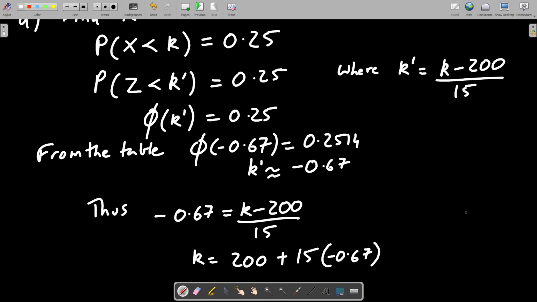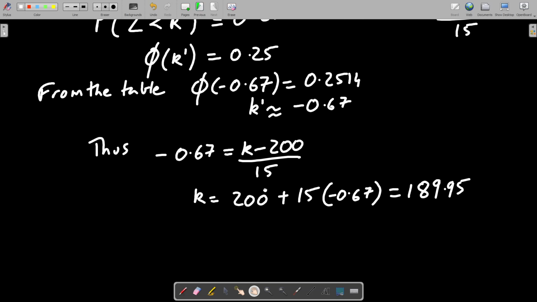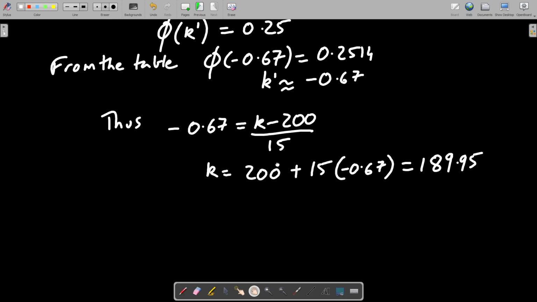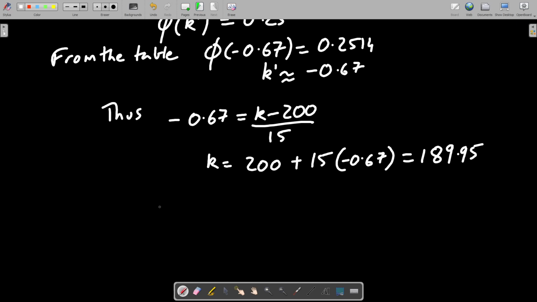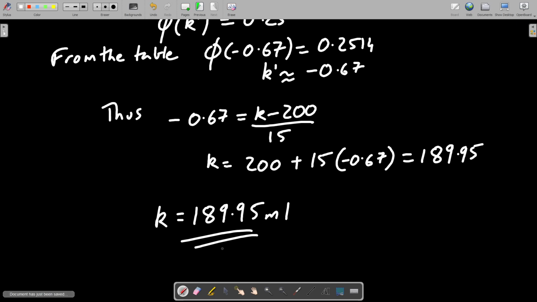So 200 minus 15 cross 0.67, which is 189.95. So k is equal to 189.95 ml. Clear?